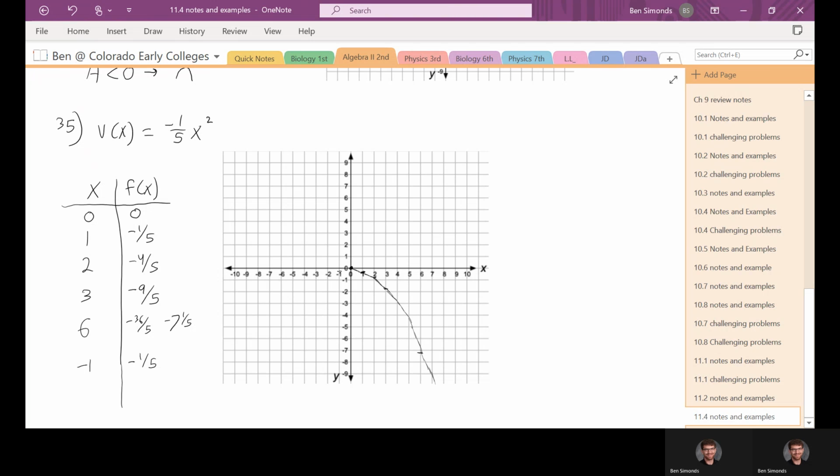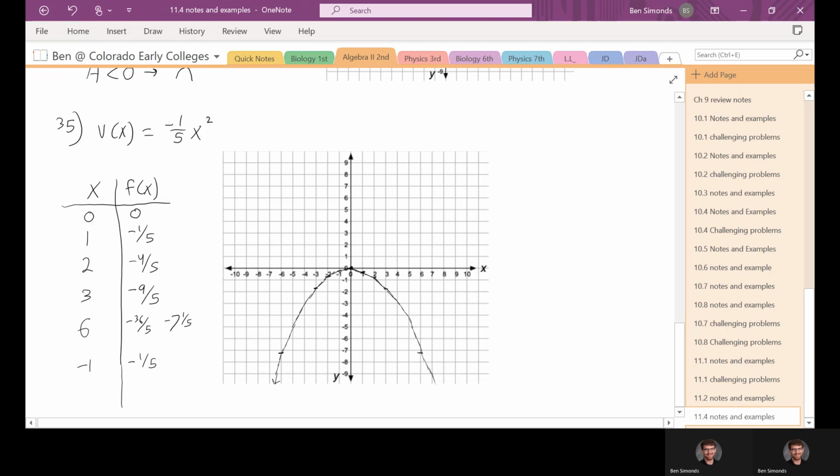So we can go ahead and use that symmetry. So negative 2 squared will be negative 4/5. Negative 3 squared will be negative 9/5. Negative 6 squared will be negative 36/5. And we've got ourselves a mirror image here.